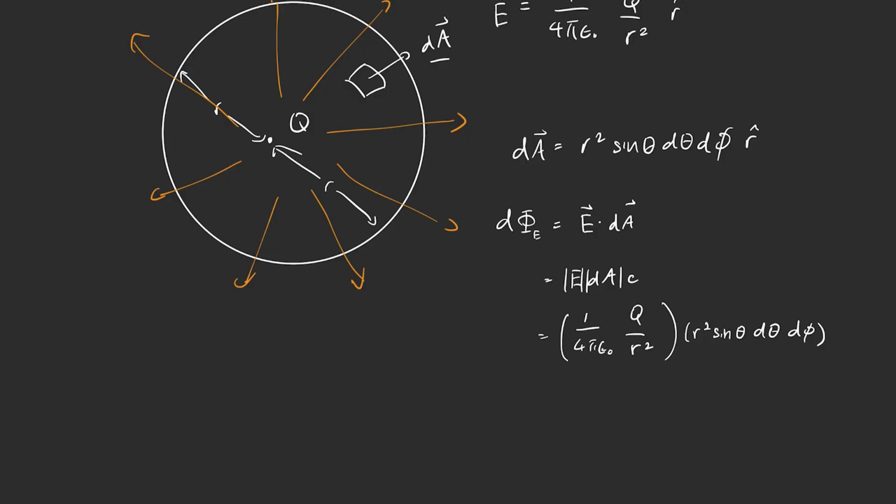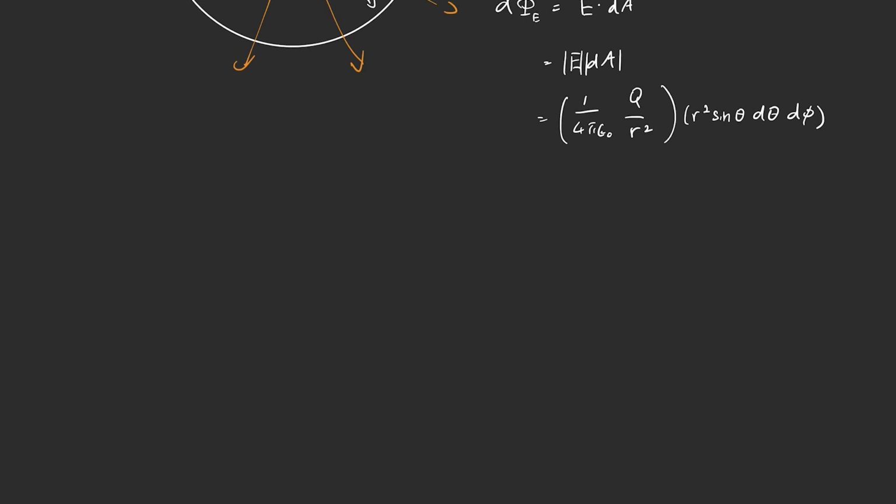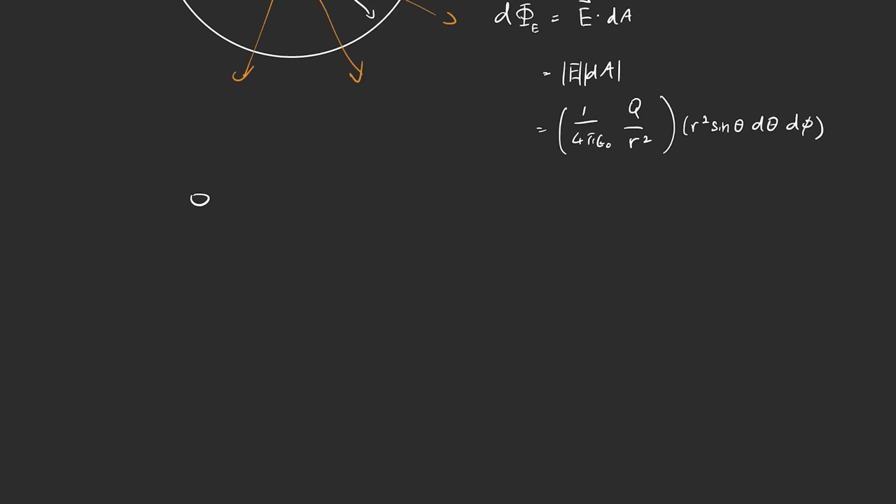And then the total flux through the entire surface would be the double integral over our closed surface S, which is our sphere, of E dot dA. We can take this constant out. Everything here is constant.